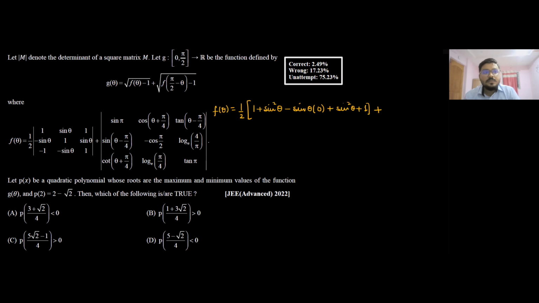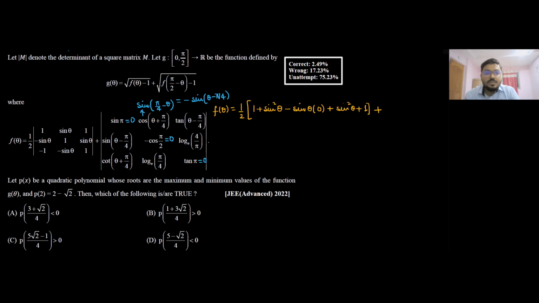In the second determinant, if you see, sine pi is 0, cos pi by 2 is 0, tan pi is 0. And this cos, if you convert in sine, will be sine of 90 minus theta, so that will give you pi by 4 minus theta. Also, if you take minus common, that will be minus of sine of theta minus pi by 4.